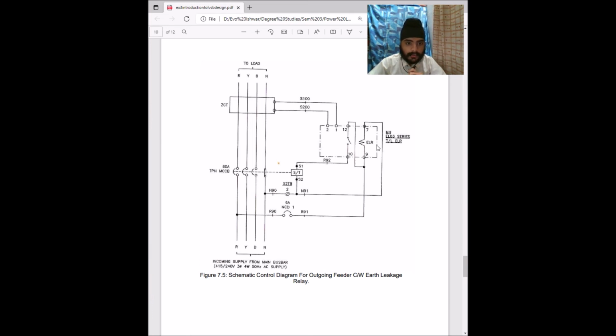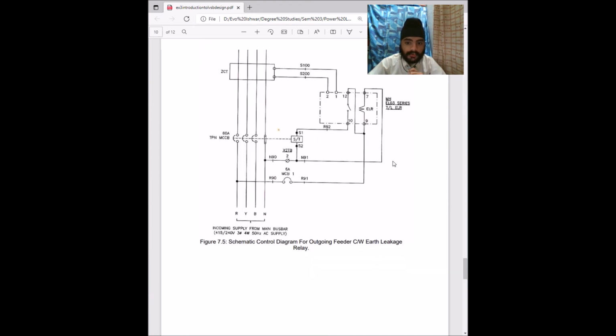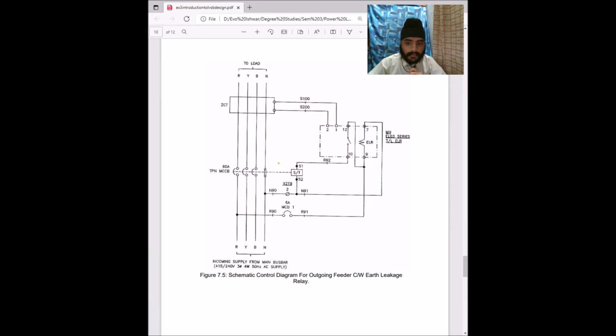Over here we have the ELR, which means earth leakage relay, also known as ground fault relay, which are residual current monitors used to detect potentially dangerous ground fault current before they can cause any hazard. Causes of ground fault current are usually inadequate installation due to mechanical damage of cables or devices.